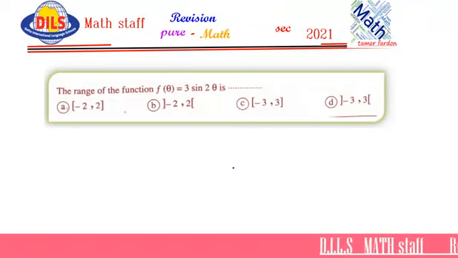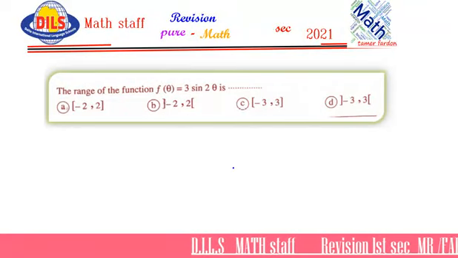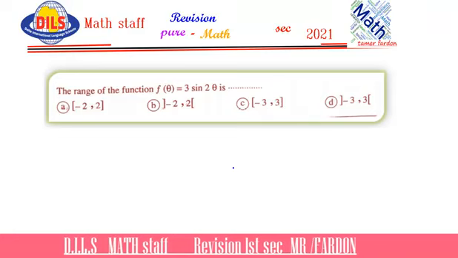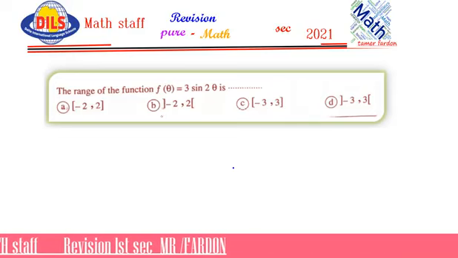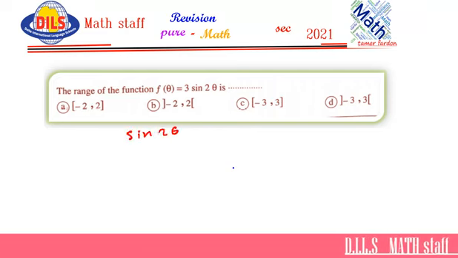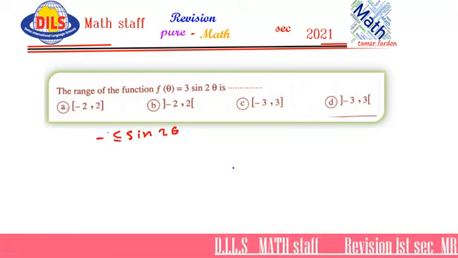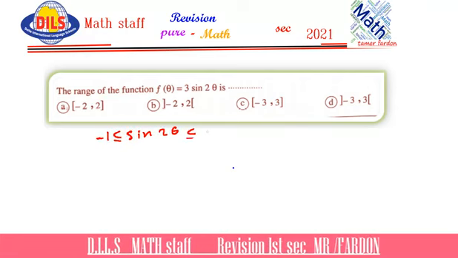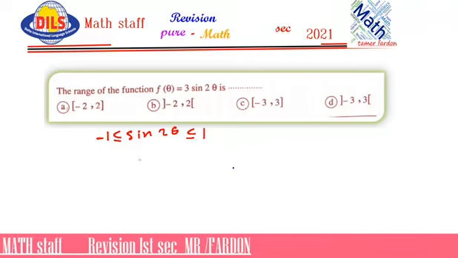Another exercise: the range of the function f of theta equals 3 sine 2 theta is. You know that sine 2 theta is greater than or equal to -1 and less than or equal to 1.